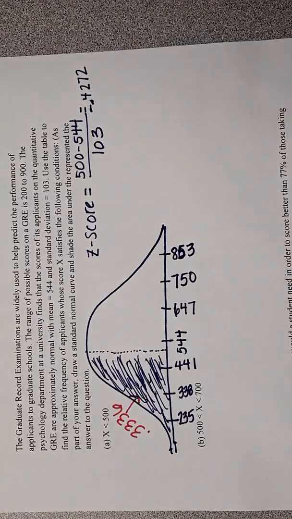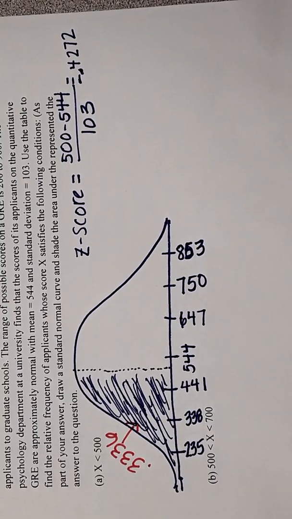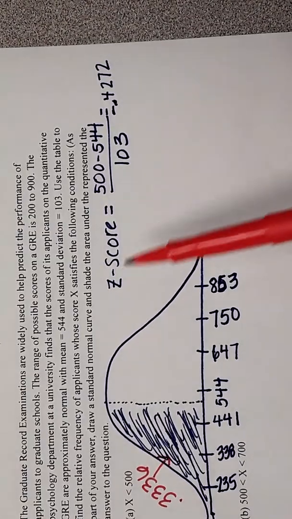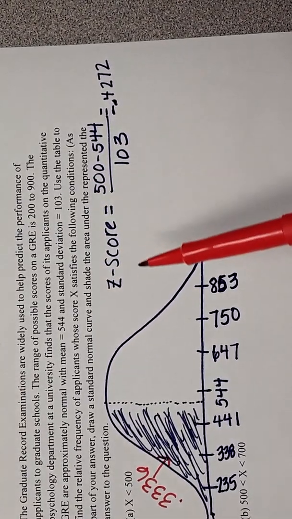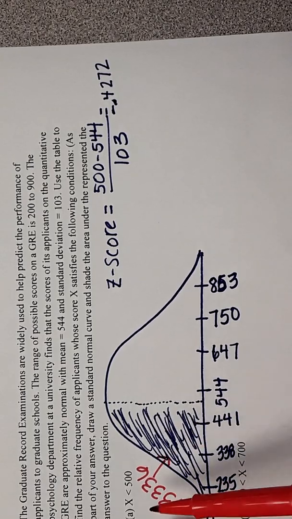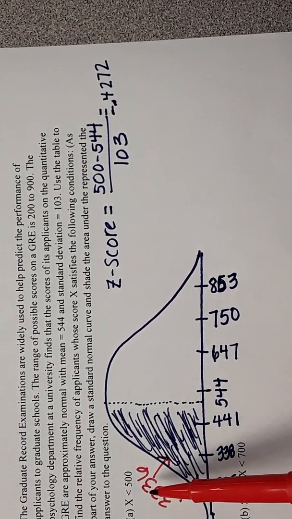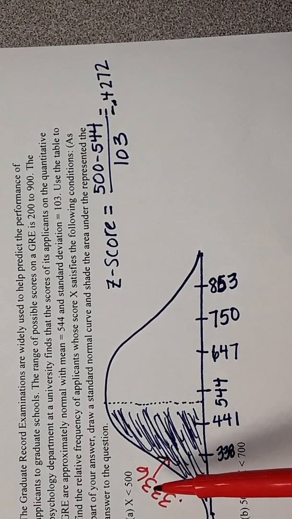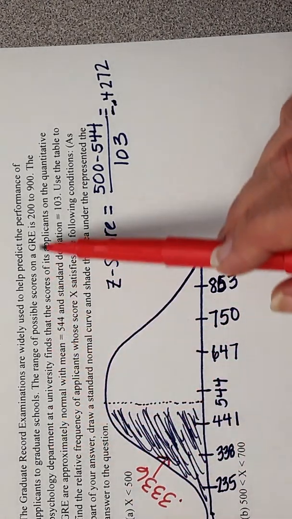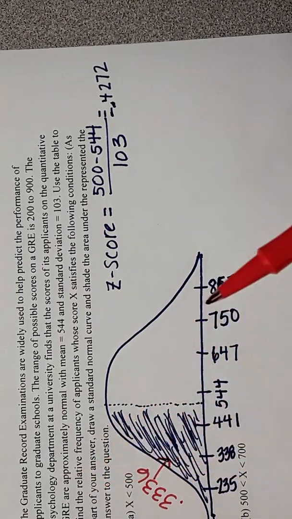Okay, so now what we need to do is we need to put it in context of the problem. Just a really simple sentence. So 33.36% of the applicants score below a 500. Or predict the performance of applicants to graduate school.